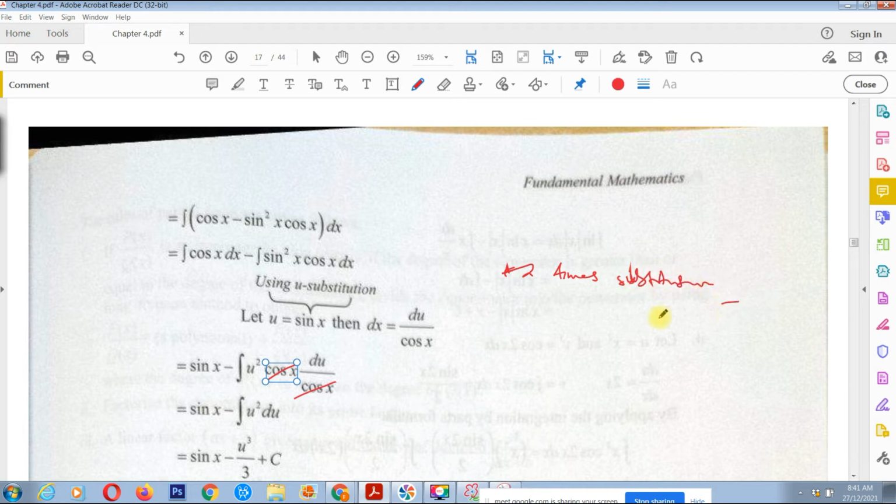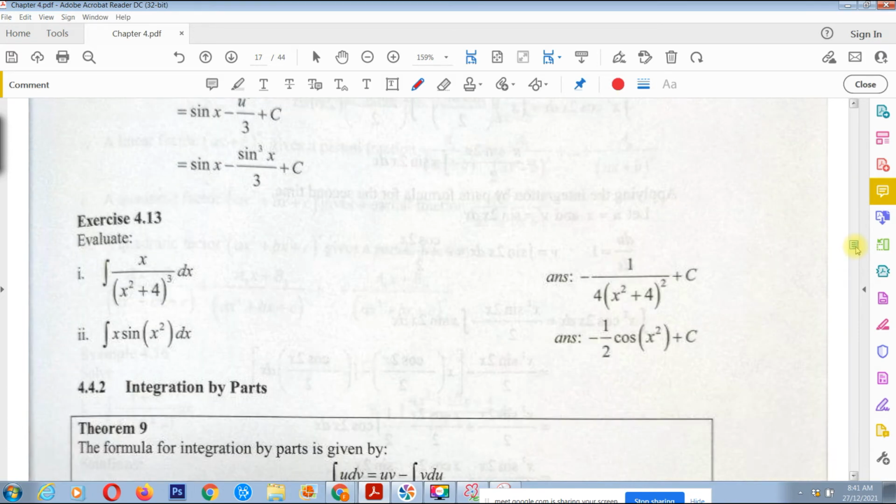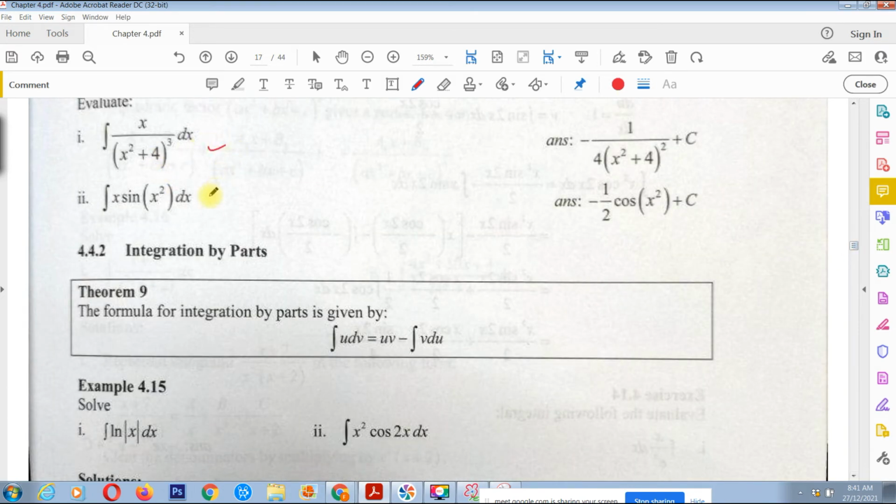Once we get this simple function, we integrate as usual, and then we replace u equals sine x, giving sine cube x plus c. So two times substitution. You can try this.